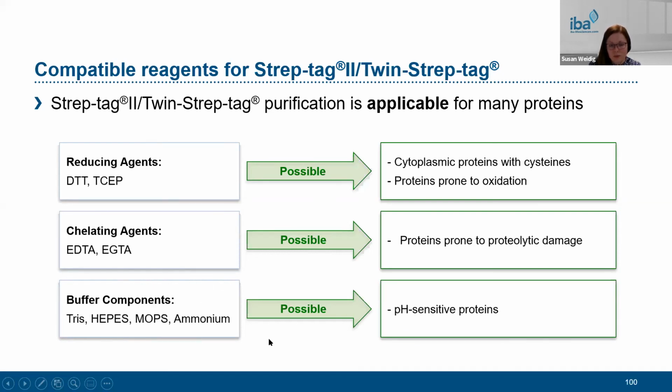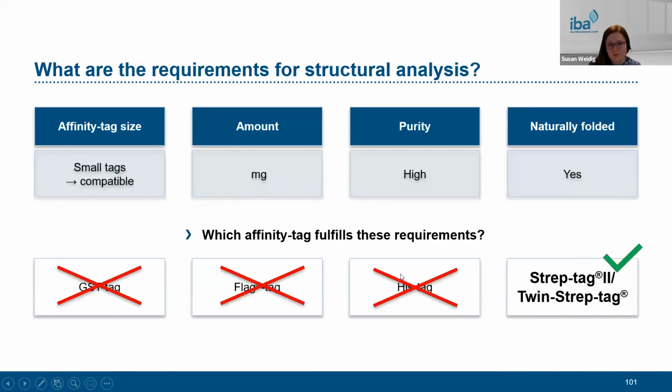And you can also protect your protein if it is very pH sensitive, and you can take the buffer which is the best one for your target protein. So I would recommend to take the strep tag or a twin strep tag if you plan structural analysis.